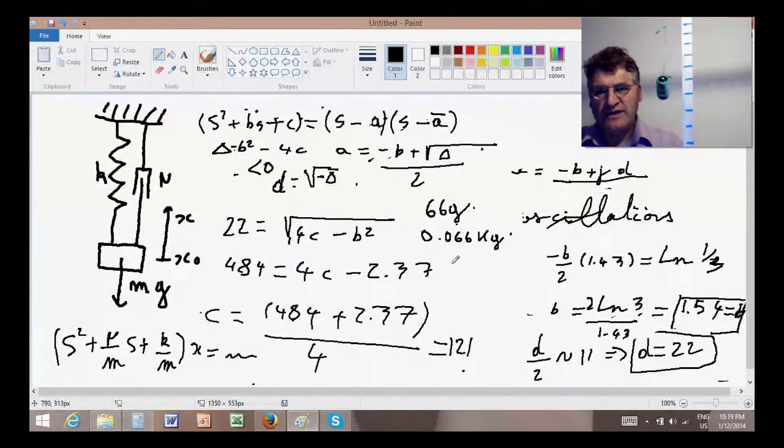Therefore, you can get that mu will be equal to b, which we measured to be 1.54, times 0.066, and k, the stiffness, would be equal to 121 multiplied by 0.066.